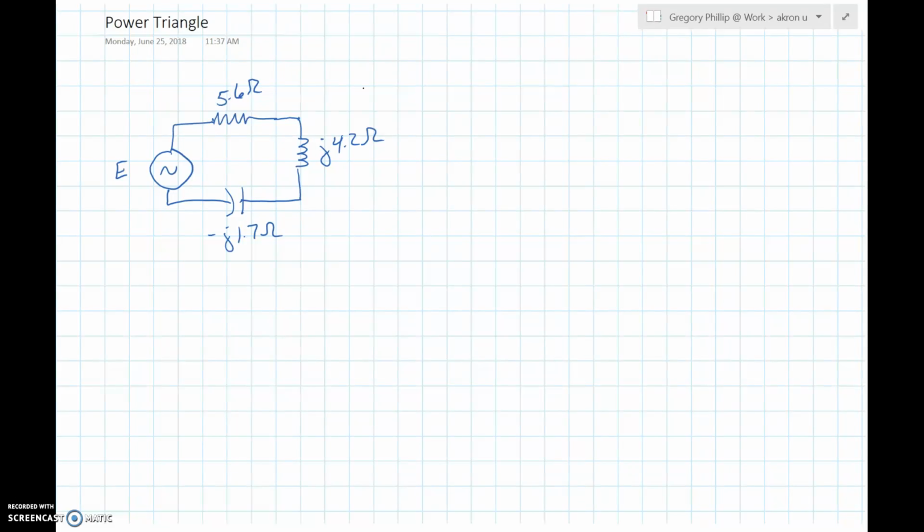What we're going to do is calculate the current in this circuit first, I, and then we're going to calculate total power, and we're going to calculate total VARs as well as total VA.